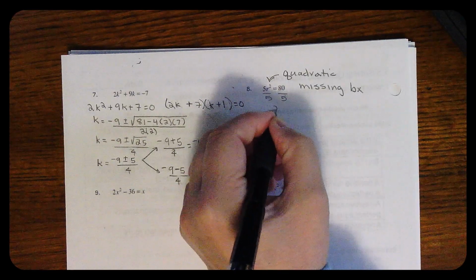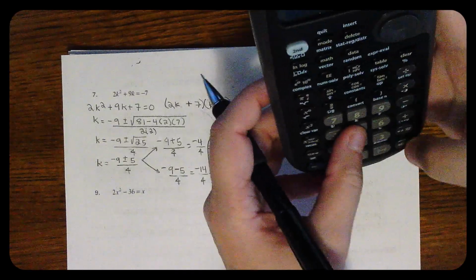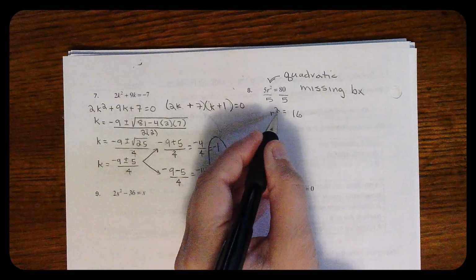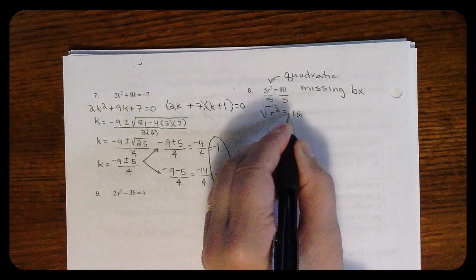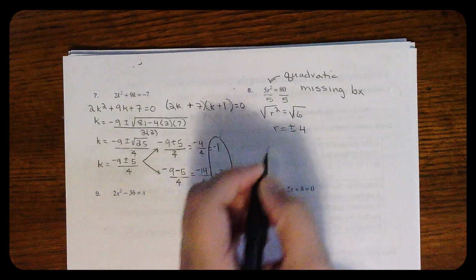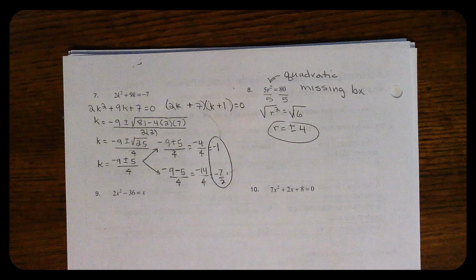And so that's going to give you r squared equals, what's 80 divided by 5? 16. So you can undo that square by square rooting. And when you take the square root, it's plus or minus 4. So when you're missing the bx term, I wouldn't use the quadratic formula. I would just use traditional algebra to solve it.